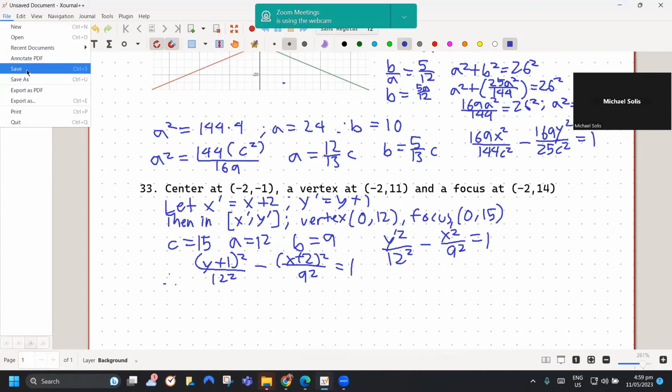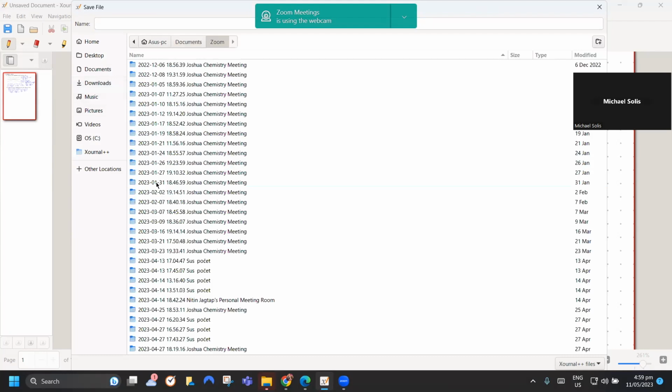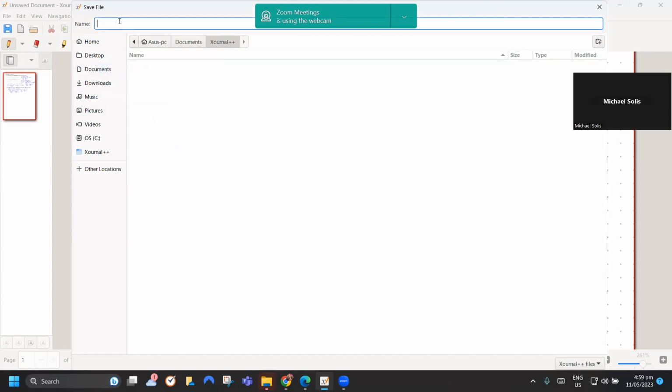Sige, try natin ulit. Save as. Hindi save. Tapos sa taas, full name. Today is pwedeng yung year, so 23-05-11.